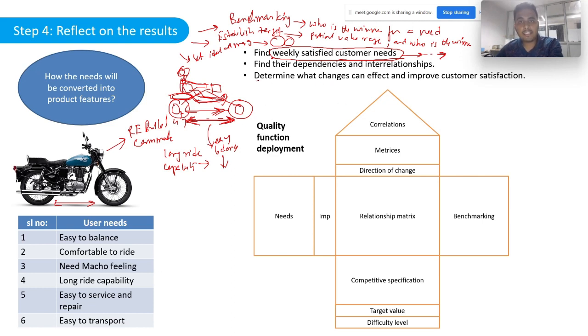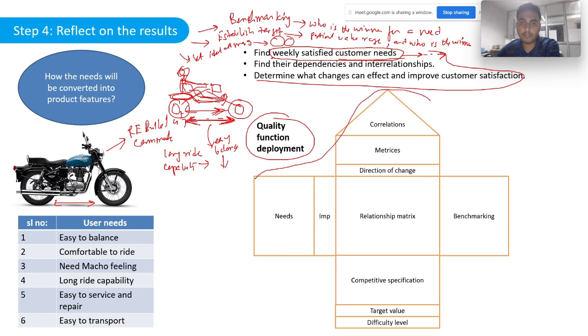All this analysis you do in stage 4 by a method called quality function deployment. Whatever data you gathered previously, you finally put into this graphical model, which is called the house of quality. So quality function deployment is a method, and one of its graphical representations is the house of quality. Am I clear on these two things?